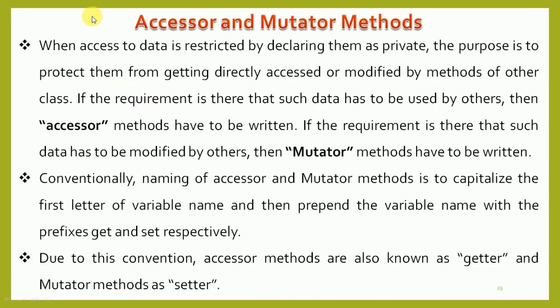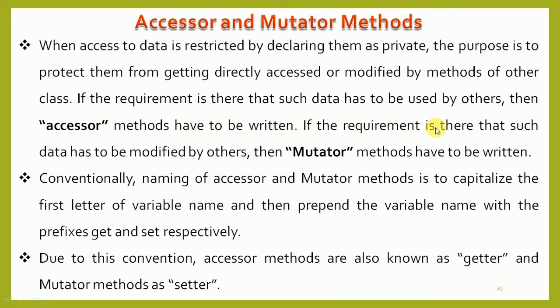Accessor and mutator methods in Java programming: access to data is restricted by declaring it private. The purpose is to protect it from being directly accessed or modified by methods of other classes. If such data has to be used by others, accessor methods have to be written.